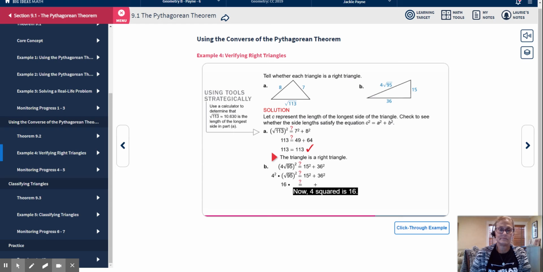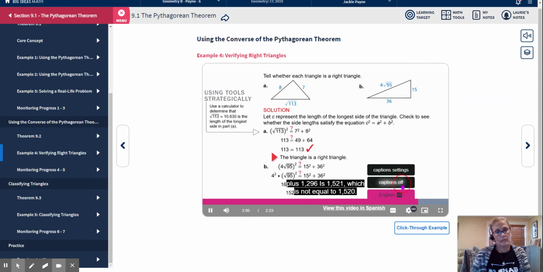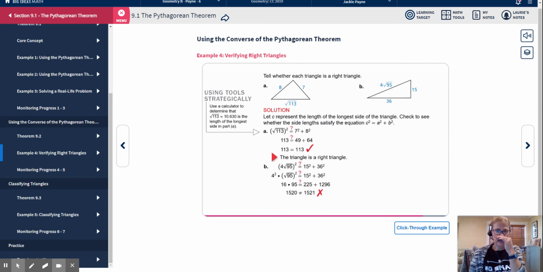Now, 4 squared is 16, the quantity the square root of 95 squared is 95, 15 squared is 225, and 36 squared is 1,296. Then, 16 times 95 is 1,520, and 225 plus 1,296 is 1,521, which is not equal to 1,520. So, because the side lengths do not satisfy the equation c squared equals a squared plus b squared, the triangle is not a right triangle.